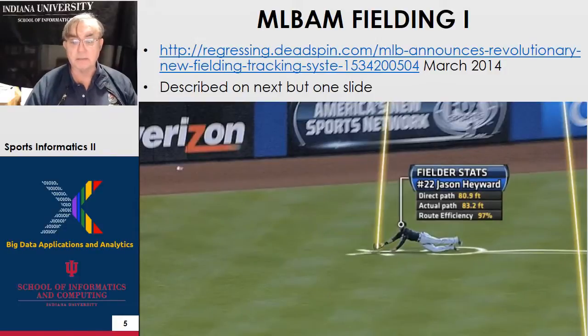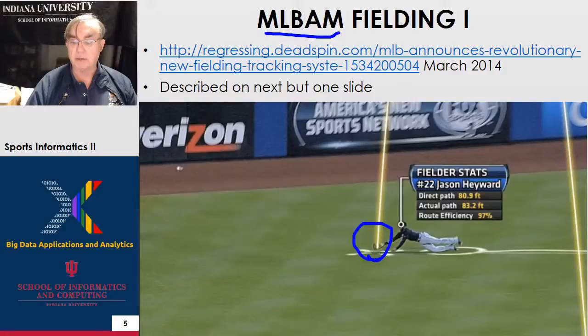Here is an alternative technology. It comes from this company, MLB Advanced Media, MLBAM, and it's mentioned a little later on in this presentation.